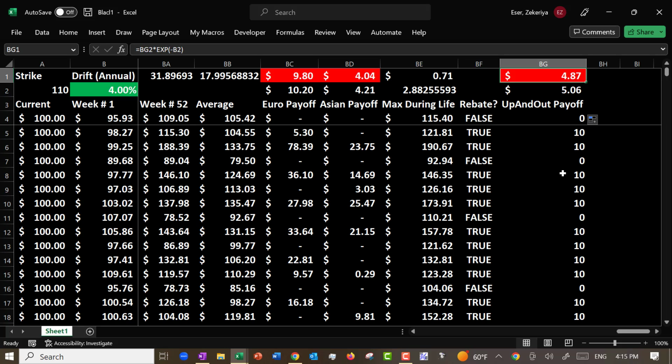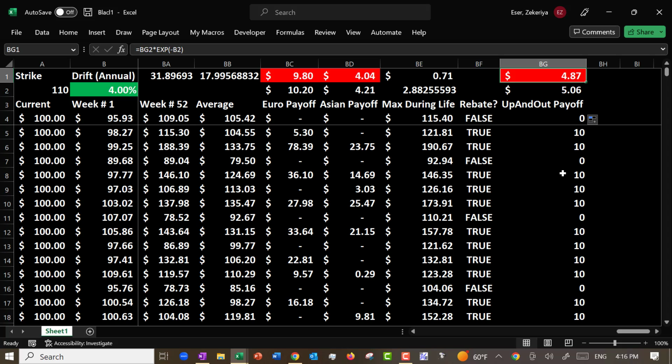Well, I could add that feature too. I'm not going to now, but the idea would be exactly the same. Find the minimum price during the life of the option. If the price always remained above the barrier, standard payout. If it went below the barrier, option will have zero payout regardless of where it finishes.